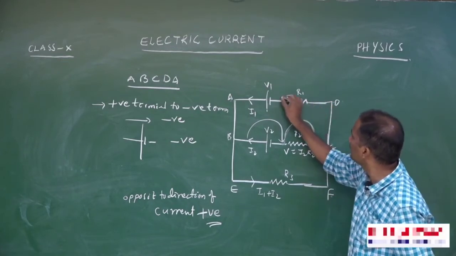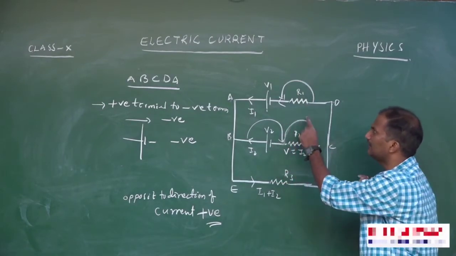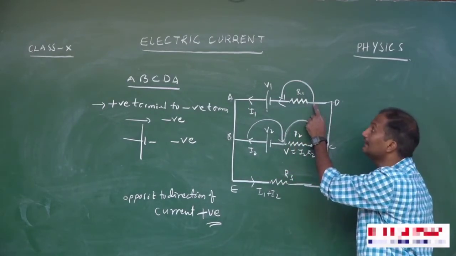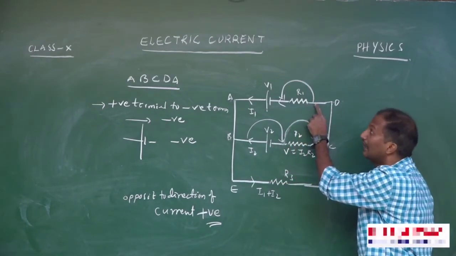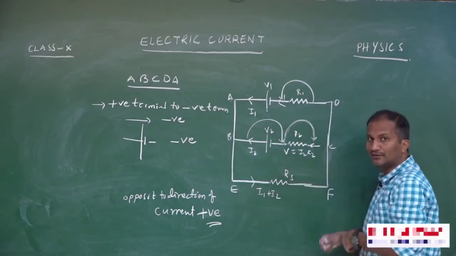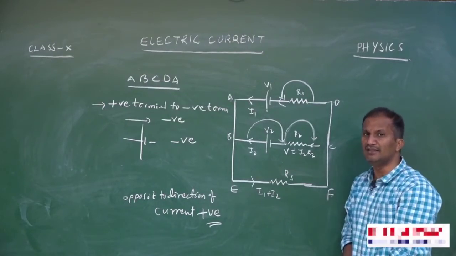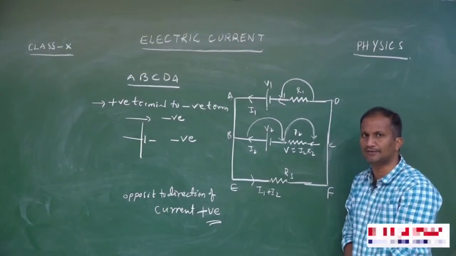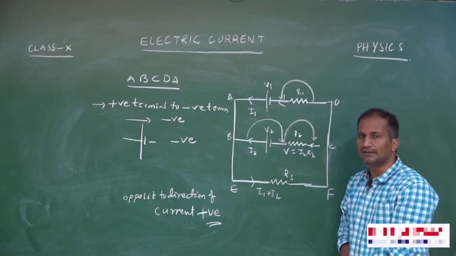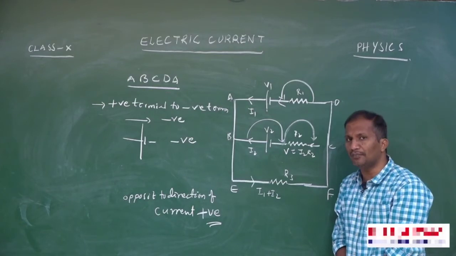We are moving in the direction of current, which means at this end there is a high potential region and the other side of this resistor is a low potential region. That means we are traveling from a high potential region to a low potential region, so we are losing a certain amount of potential. That is why we take it as negative, and why there is a drop in potential.